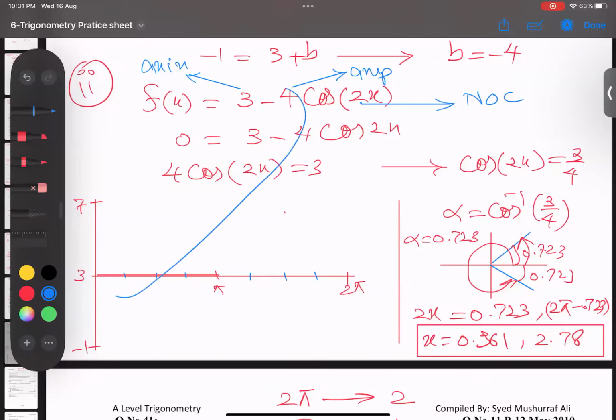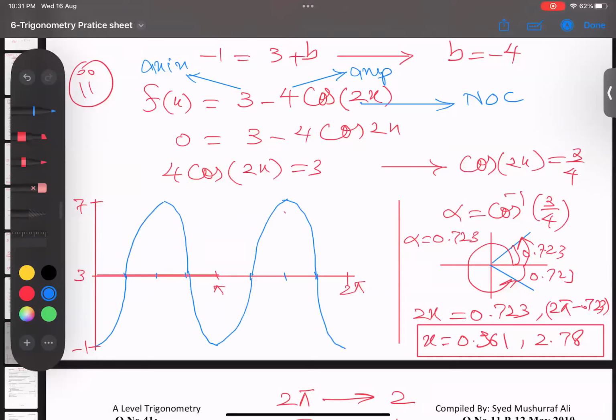Because it has a negative amplitude, the curve will start from the top if positive amplitude, and if negative it starts from down, this way, this way, this way, and this way. Now I'm going to make a second curve, this way, this way, this way, and this way. But problem only one, we should not make both curves.